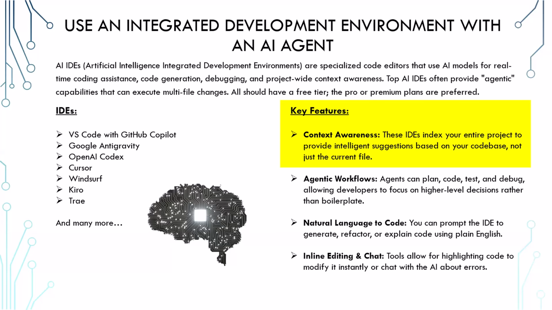So the IDEs have context of your entire project to provide intelligent suggestions based on your whole code base, not just the current file. There's agentic workflows. So agents can plan, code, test, and debug, allowing developers to focus on higher level decisions rather than boilerplate.